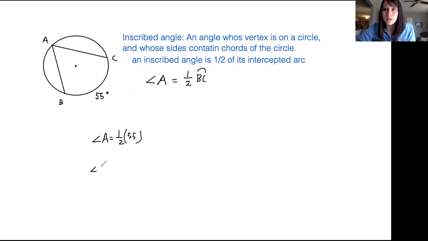And so what would that be? 27.5? Okay, so angle A would be 27.5 degrees.